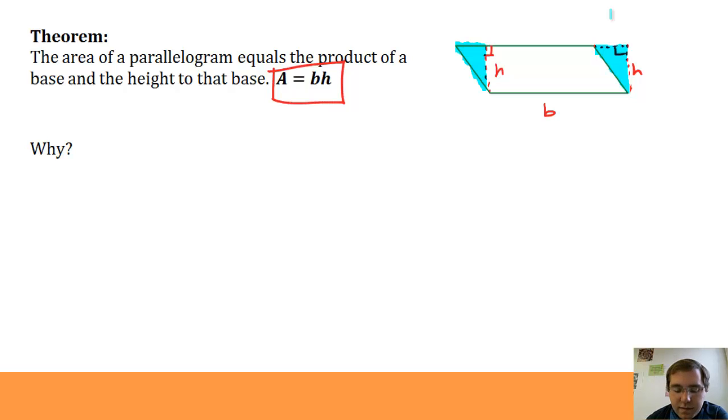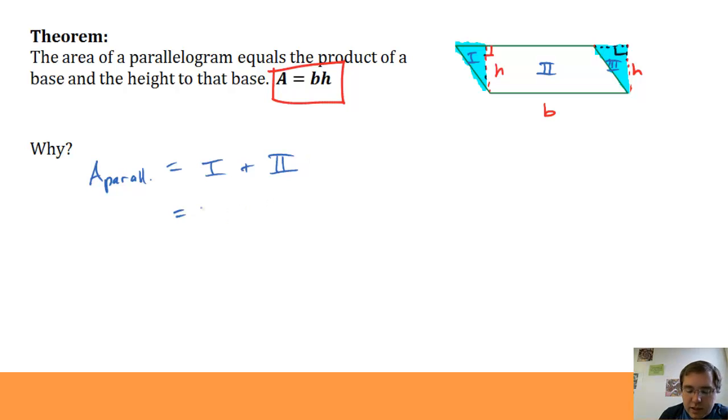So that means if I call this, say, area 1, and this is area 2, and this is area 3, the area of the parallelogram would equal area 1 plus area 2, right? I've just taken the whole parallelogram, split it up into that triangle, and then this funky trapezoid that I'm calling area 2.